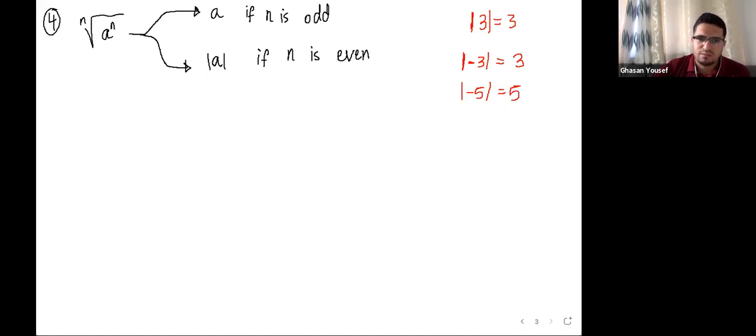Now I'll give you an example for this: the third root of x to the power 4.